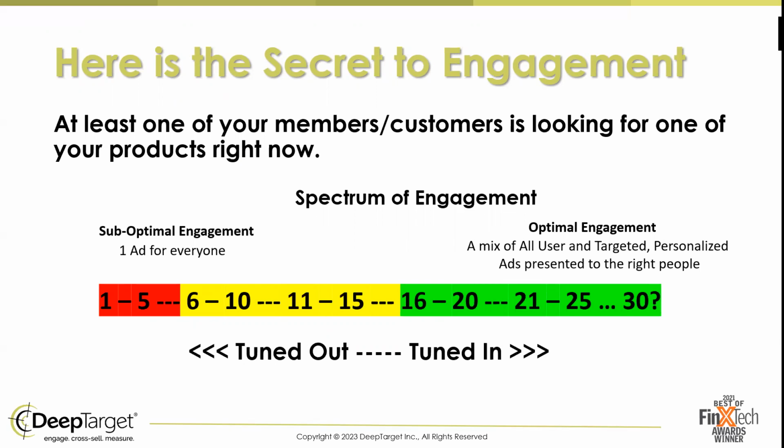But really, from what we've seen, anywhere from 16 to 30 campaigns running at any point in time, obviously focused on different audiences, is the optimal way to go. And these will be a mixture of all user and targeted and personalized ads, certainly. So they're highly relevant to those looking. So you can see my comment down here at the bottom: tuned out, tuned in.